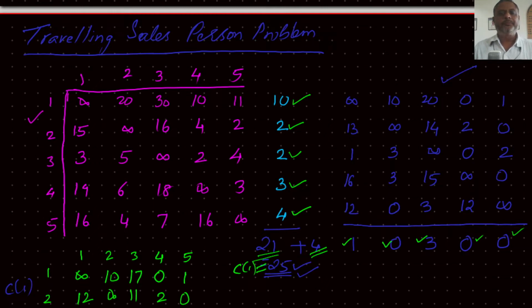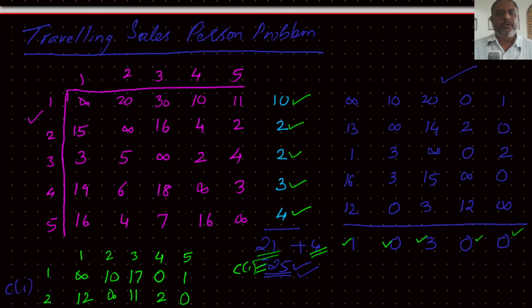The major aim of the branch and bound version of solving this problem is, first, looking from the source side, from any source, say node 1.